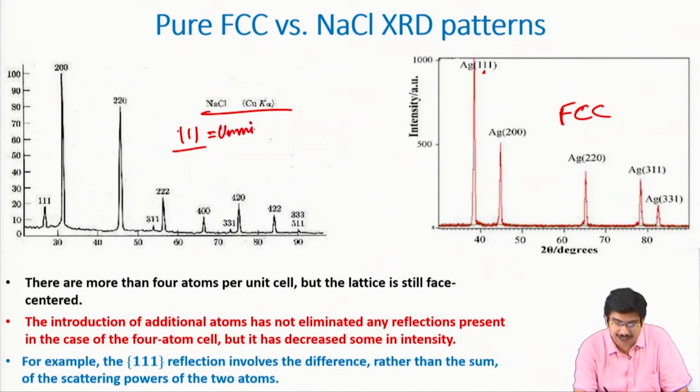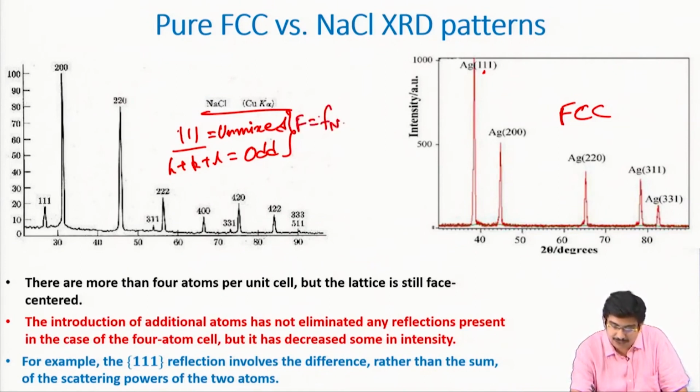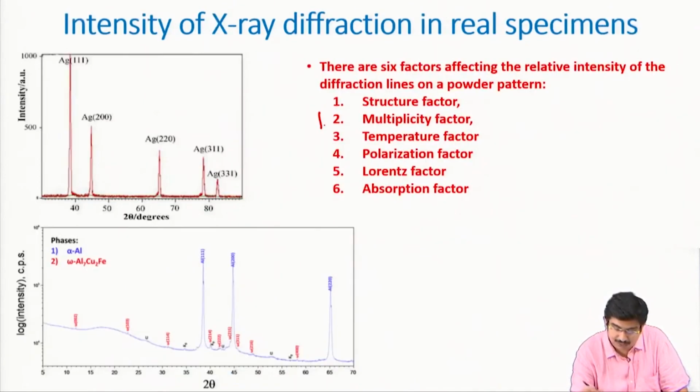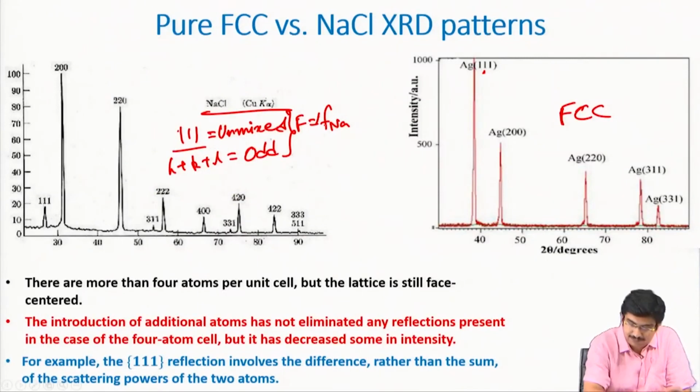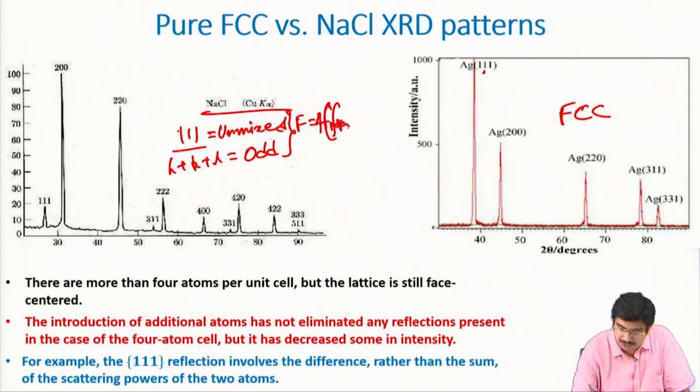It is unmixed, fine. So, definitely I will get some intensity, but if I look at this H plus K plus L condition, it comes out to be an odd number. So, ultimately for this one I will get F equals 4 into (FNa minus FCl).